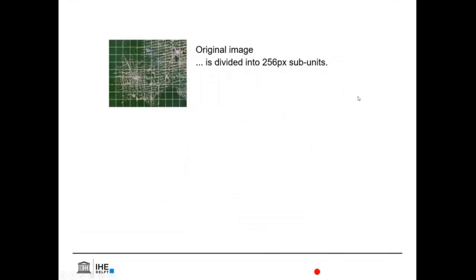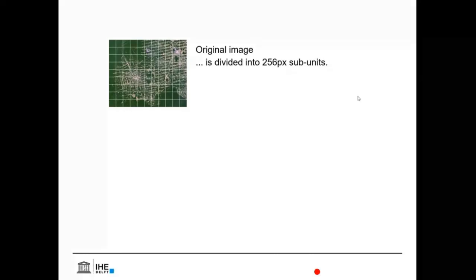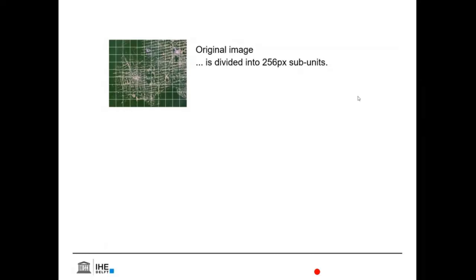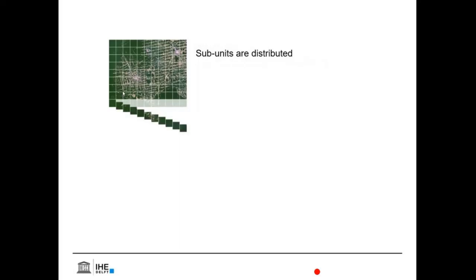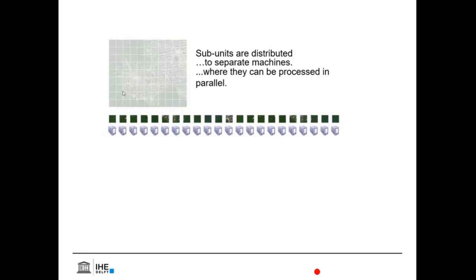The basic trick of processing this huge data is parallel processing. What they do is divide the entire image of your study area into, let's say, 256-pixel subunits. So they divide one image into different grids, different boxes of 256, and each grid goes to a different node, that is, a different computer or processor in the Google Cloud infrastructure.